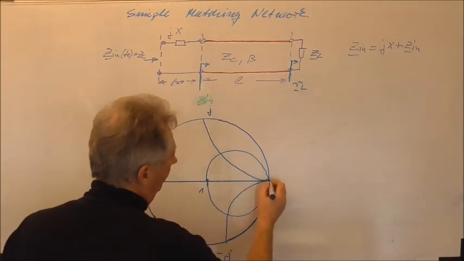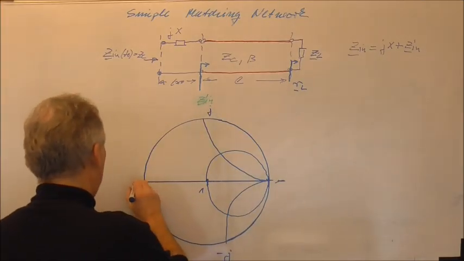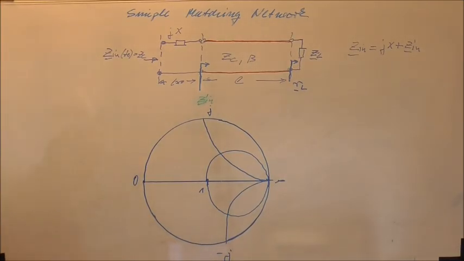Here you have the 1, infinity, here you have a 0. So this is our crude Smith chart again.